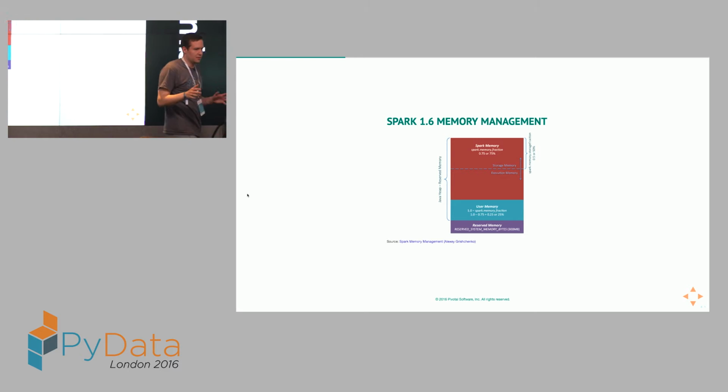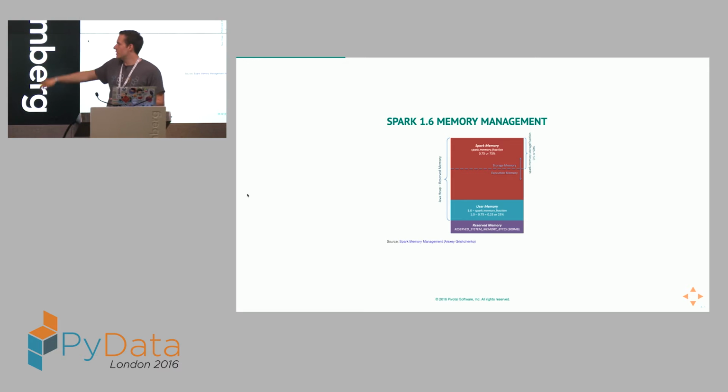So for every single Spark script you ran, you actually had to fiddle around with this storage memory fraction. And this is gone in Spark 1.6, so configuration became much, much easier.